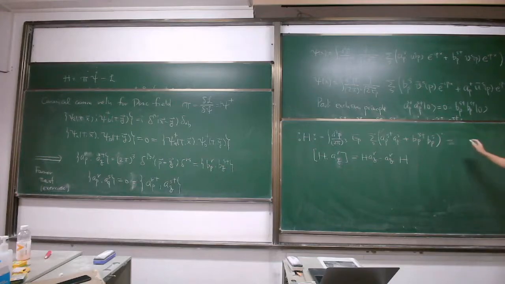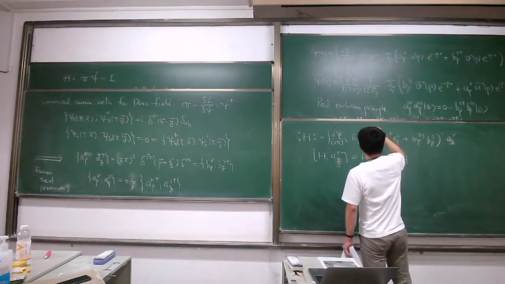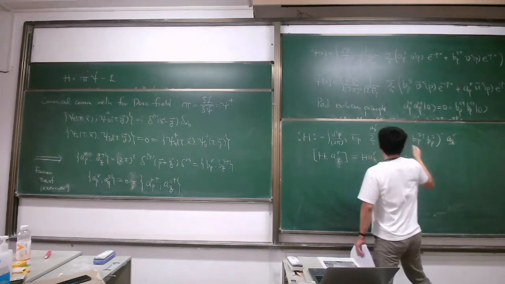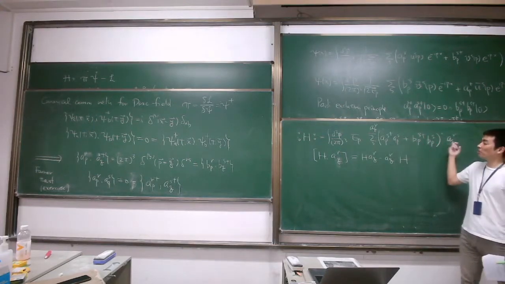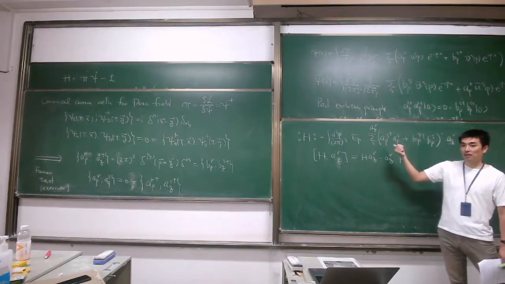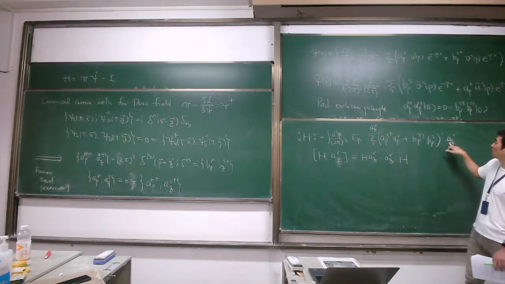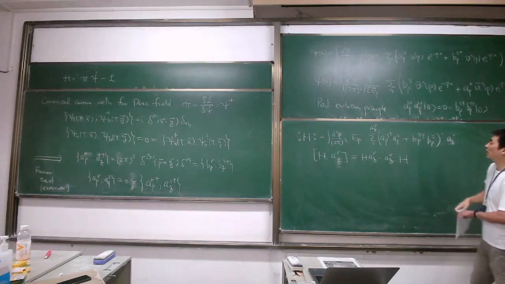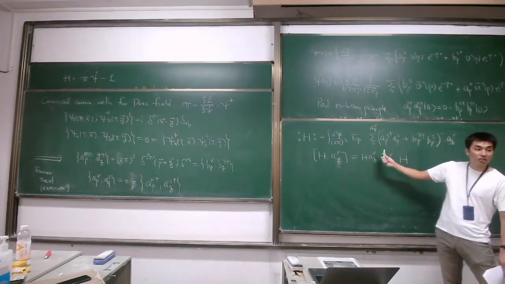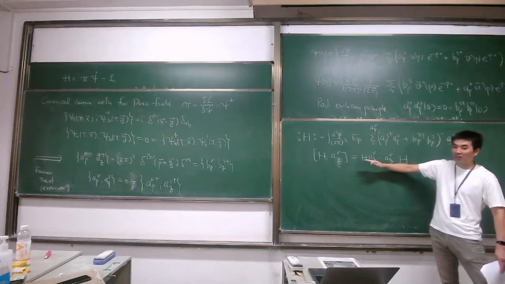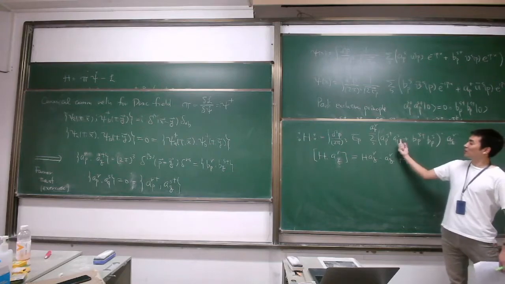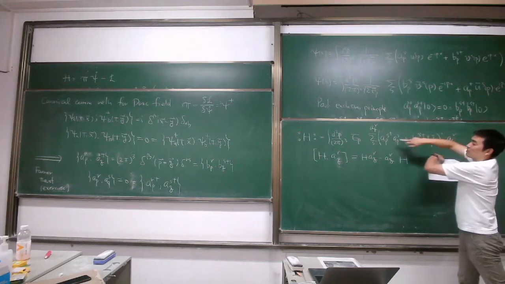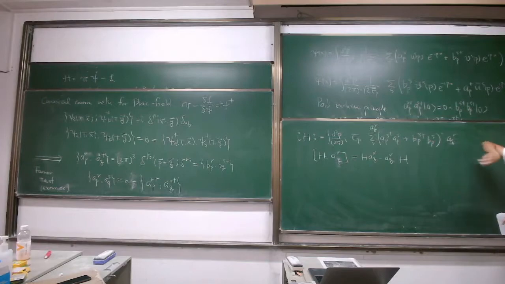On one hand, you put A_Q R here; on the other hand, you put A_Q R here, and then take the commutation relation. But first, you have to swap these two operators. You get the negative sign, and then you have to take the commutation. So it's very natural to take the commutation relation, because first you have to exchange this one and compare it with the other one. Do you understand what I mean?